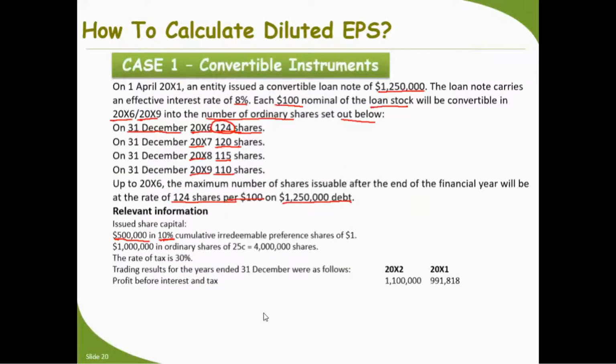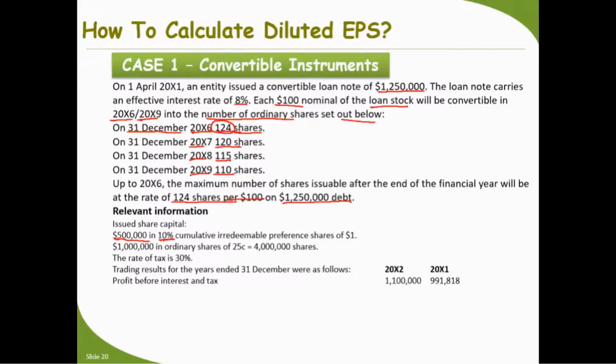We have 1.25 million, so 1.25 million times 8%. 1.25 million times 0.08, it is 100,000.